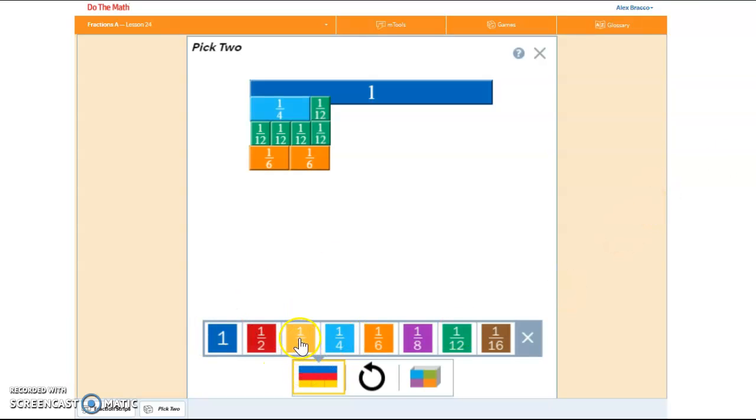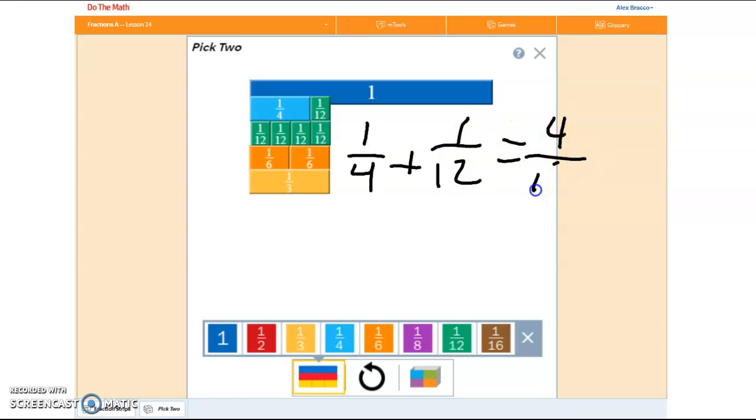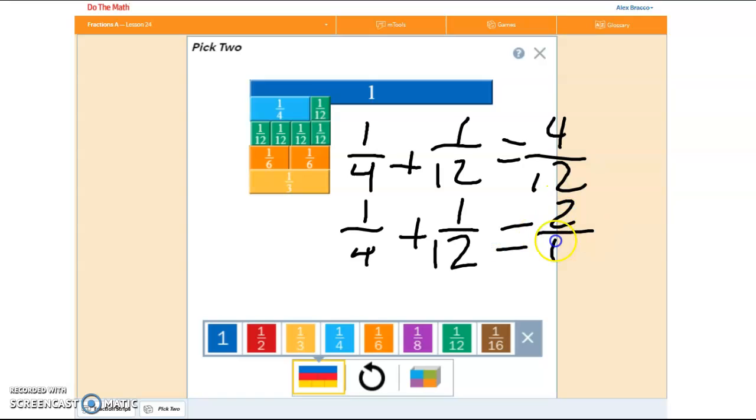Look at this, I now have 1/3. So not only does 1/4 plus 1/12 equal 4/12, it can also equal 2/6, but it can also equal 1/3. All of those fractions equal that same fraction addition problem.